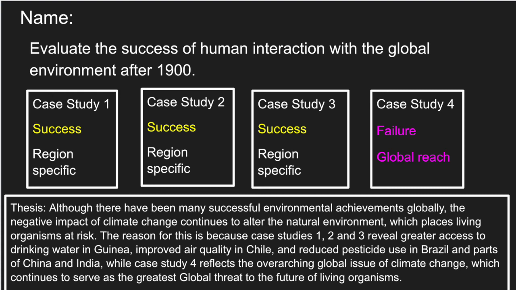Improved air quality in Chile, specific, and reduced pesticide use in Brazil and parts of China and India, specific. While case study 4 reflects the overarching global issue of climate change, which continues to serve as the greatest global threat to the future of living organisms. I'm making that argument. It's not war, it's climate change.